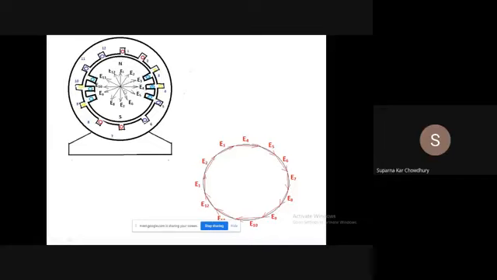So when the flux linkage is maximum, then d phi dt is 0, so that EMF is 0. But when the linkage is minimum, the rate of change d phi dt is maximum, so EMF is maximum. So for this particular figure, your field axis is along this line and armature axis is along this line. So linkage is minimum, but the EMF is maximum in these two coils.